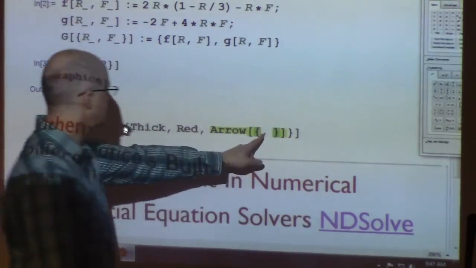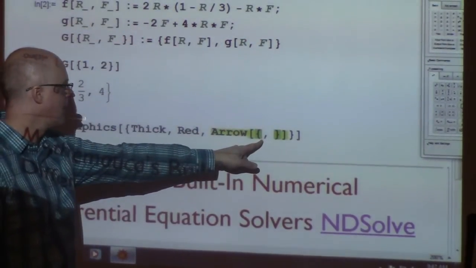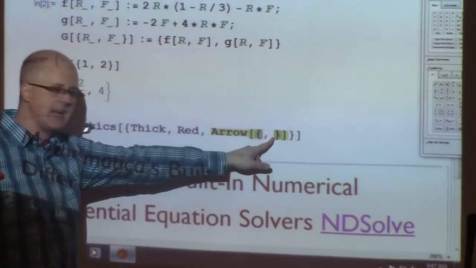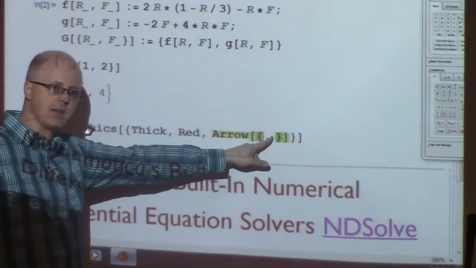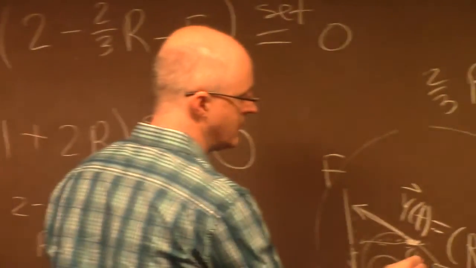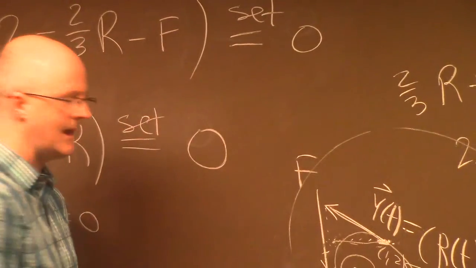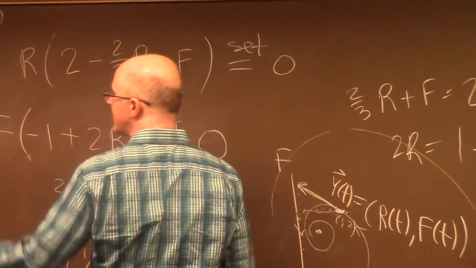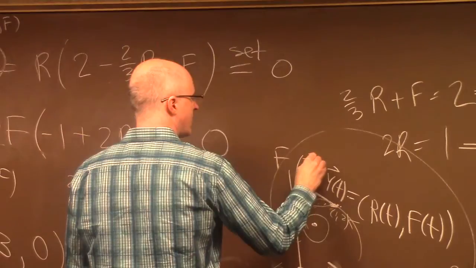The first entry of this list inside the arrow has to be the starting point of the arrow. And the second entry after the comma has to be the ending point of the arrow. So if I'm talking about the arrow right here where I'm pretending this point is the point 1, 2, and this vector, which I think I'll write as a column vector, is the vector negative 2/3, 4.